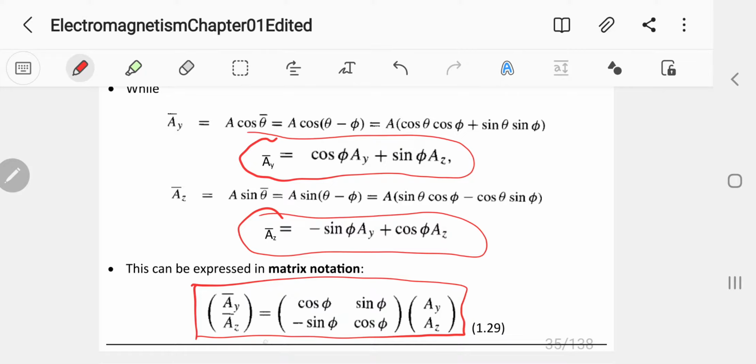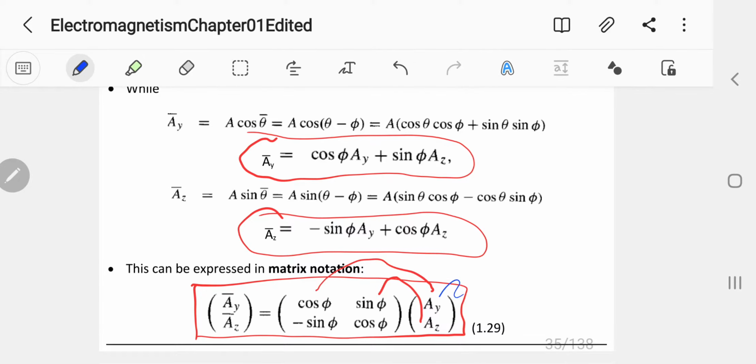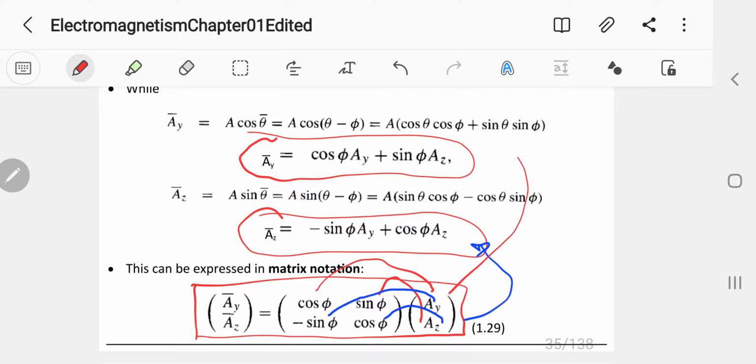So AY bar would just be equal to AY times cosine phi plus AZ times sine phi, and then you will have AZ bar equal to AY times negative sine phi, which is this one, and AZ times cosine phi. The blue one would just be here, and the red one would just be this one. So that's how you convert those two equations into matrix form.